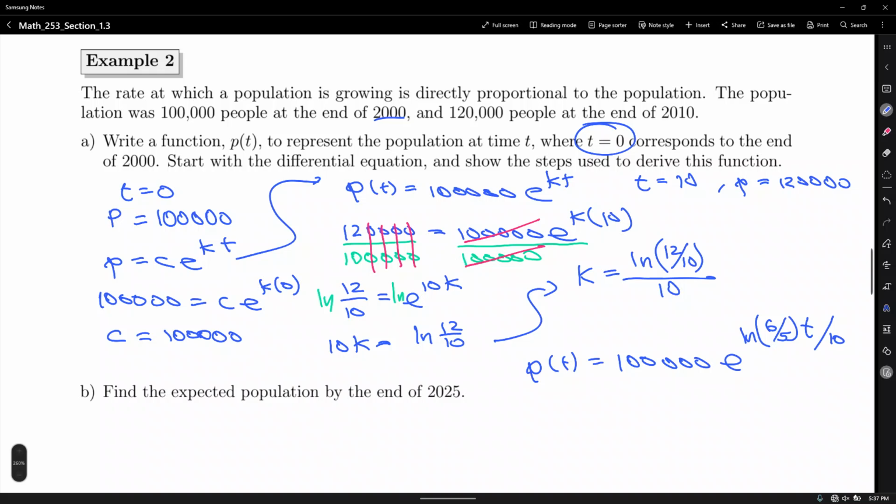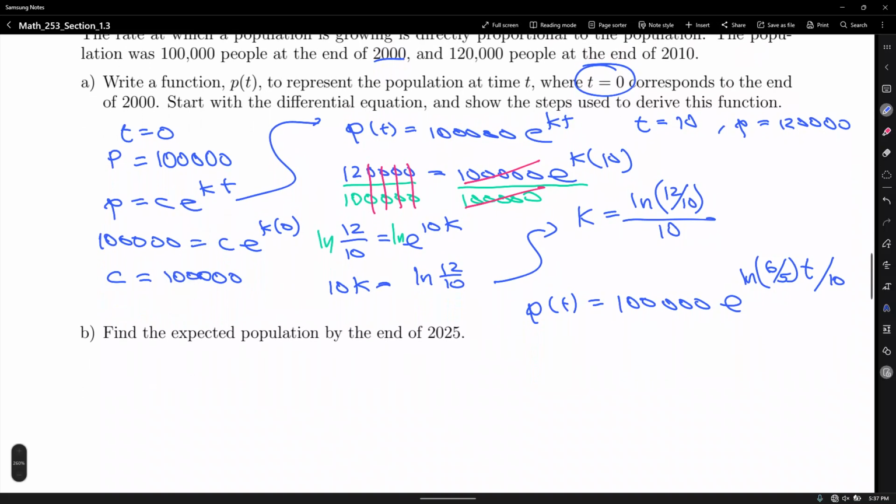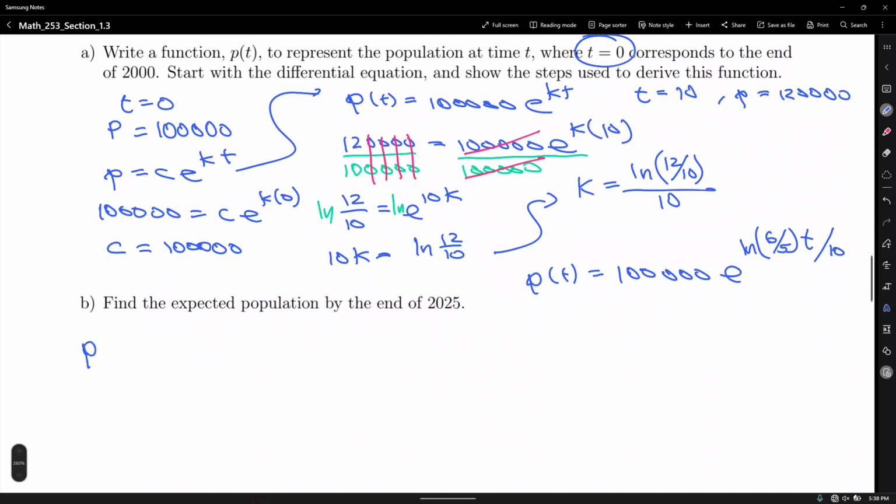All right, well, that's actually part B of the question. Find the expected population by the end of 2025. Okay, so that is evaluate. Again, we have to be careful with this type of problem where we are given the actual years.